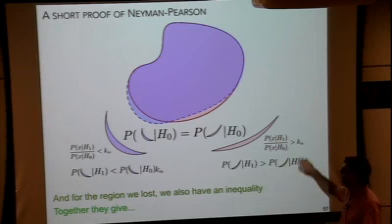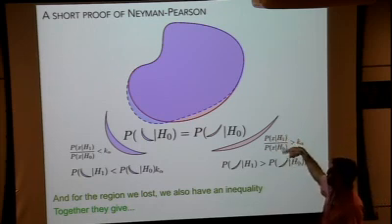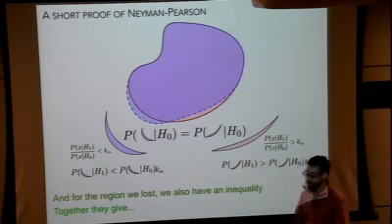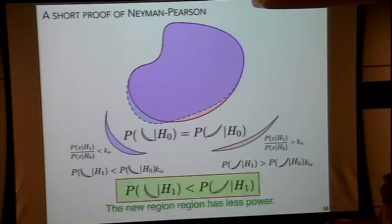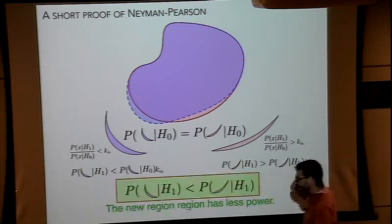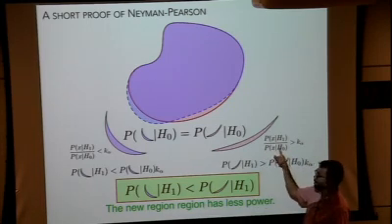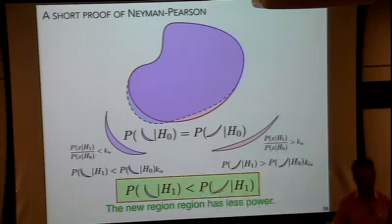And so this is a statement about the likelihood ratio for the two different pieces, and I know what's going on for the null. I know that it has to be equal for the null. So then I put the two together, and I can prove that this variation has less power. Okay. So it's a very simple variational argument.